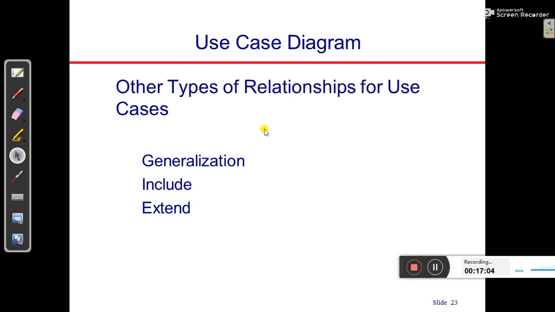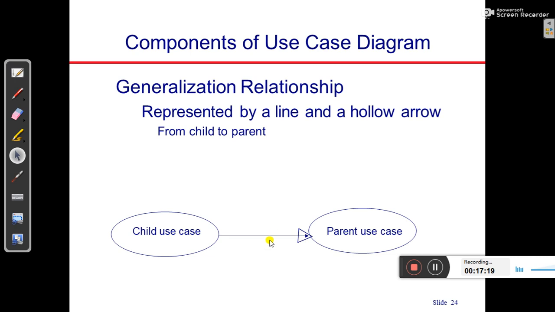Other types of relationships for use cases are very important: generalization, include, extend. We'll try to understand these three different relationships. This is a generalization relationship, represented by a line and a hollow arrow from child to parent.